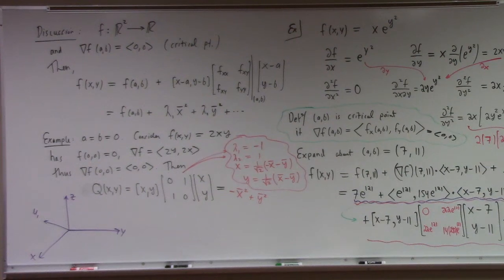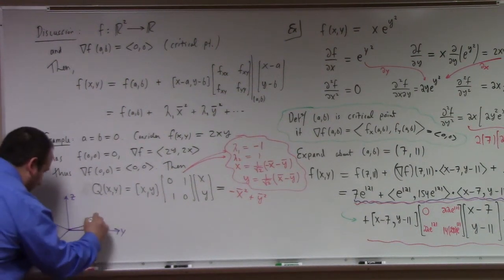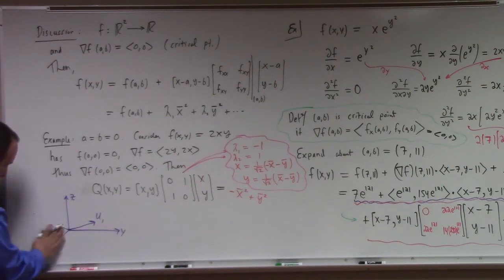I know it doesn't look like it, but imagine that u1 is in the xy plane, and that's the eigenvector with eigenvalue minus 1. u2 is perpendicular to that. u1 was (-1, 1), and u2 was (-1, -1).